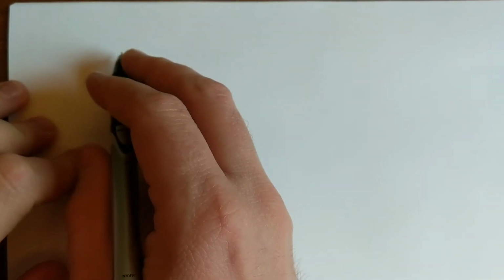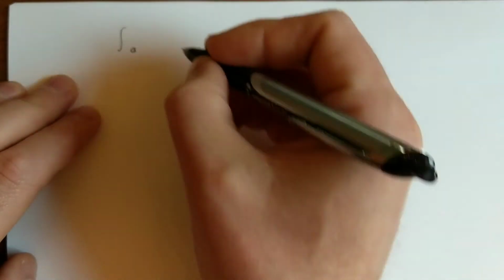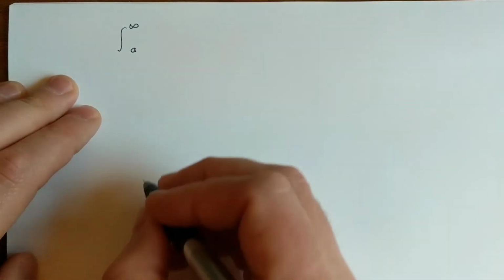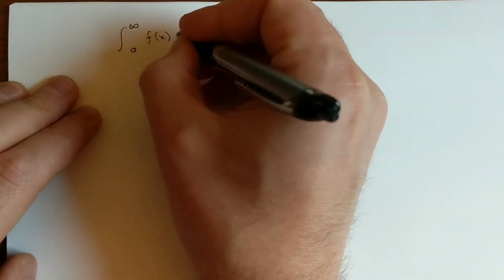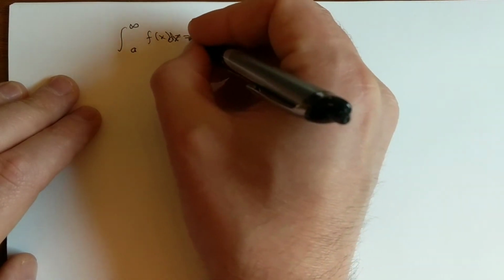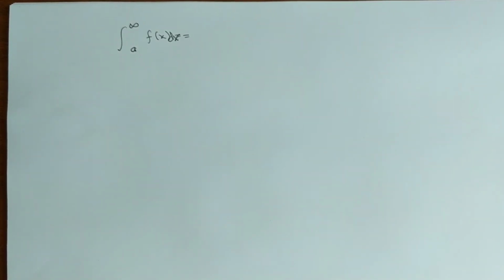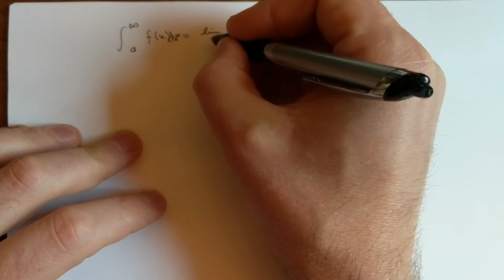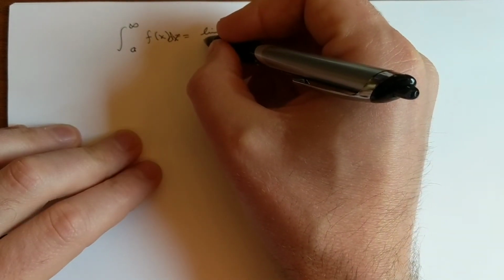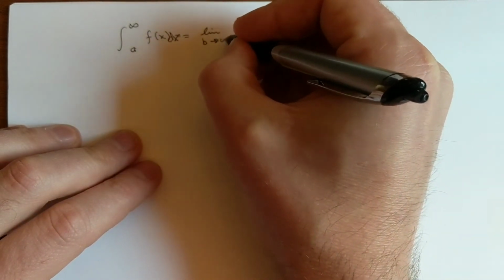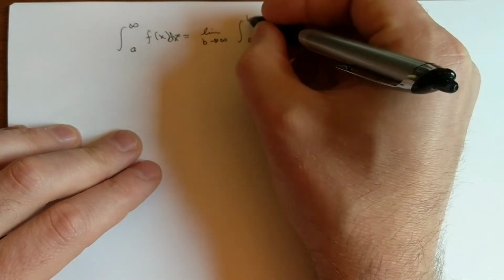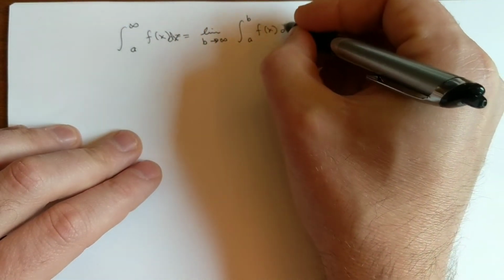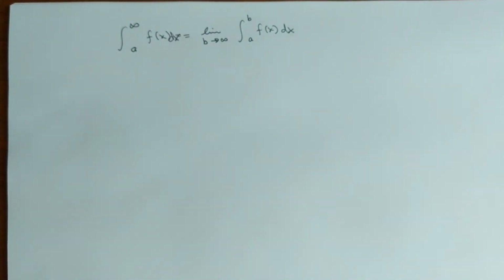Okay, so here's the definition. We're going to have 3 parts to this definition. The first one is: if we have a fixed lower bound a and our upper bound is infinity, and we're taking the definite integral of some function f of x, then the way we're going to do this is put a variable b in for the upper bound at infinity, and then allow that variable to go to infinity using limits.